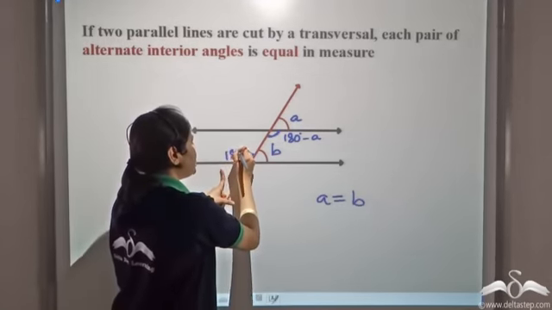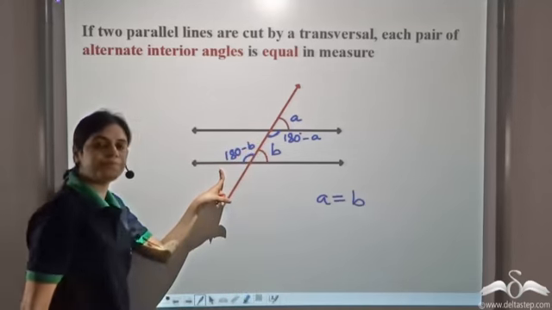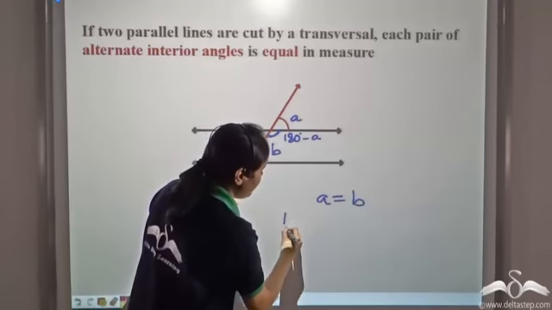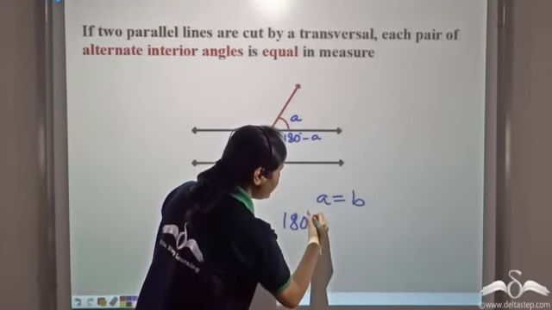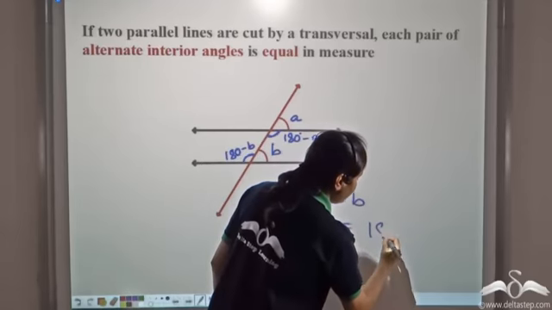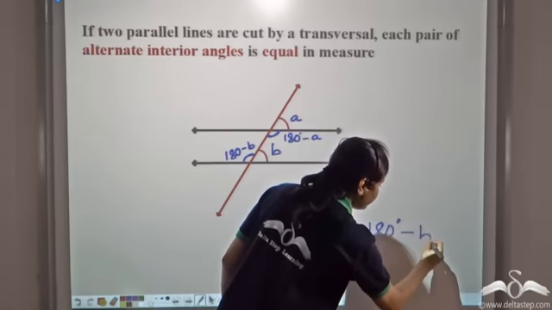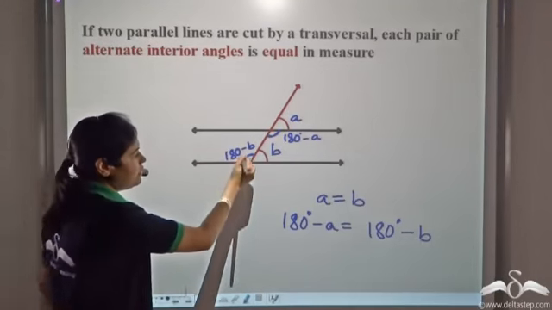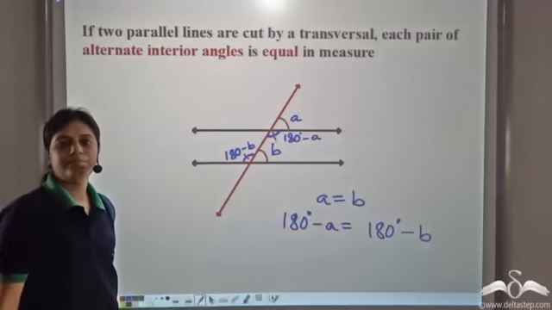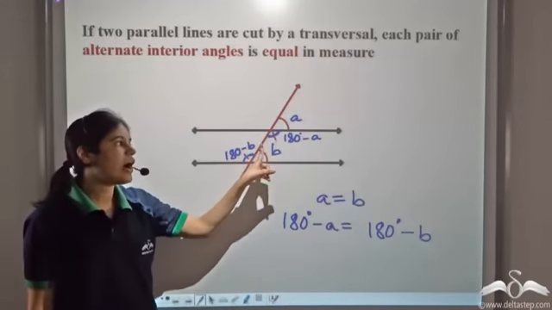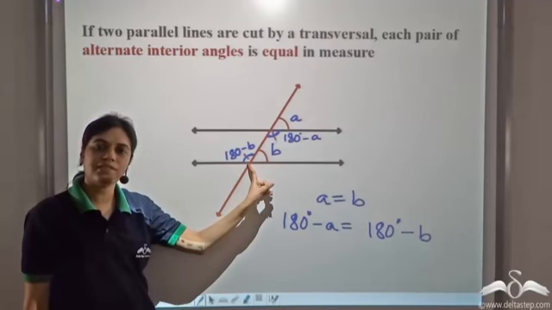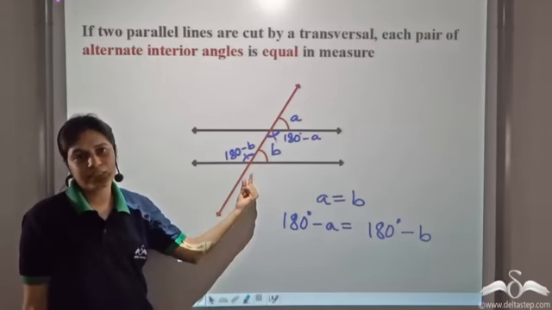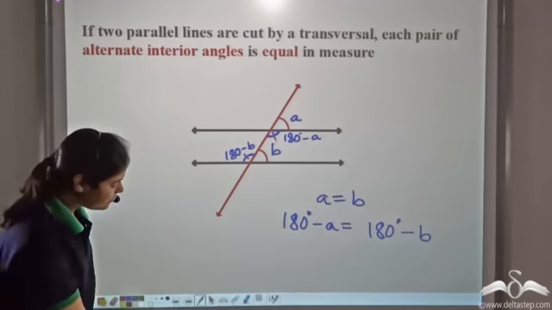So this angle is 180 degrees minus angle B. Now if A and B are equal, 180 minus A will also be equal to 180 minus B. So I can say that this angle is equal to this angle, but these two are alternate interior angles. So once again we have proved that alternate interior angles are equal in measure.